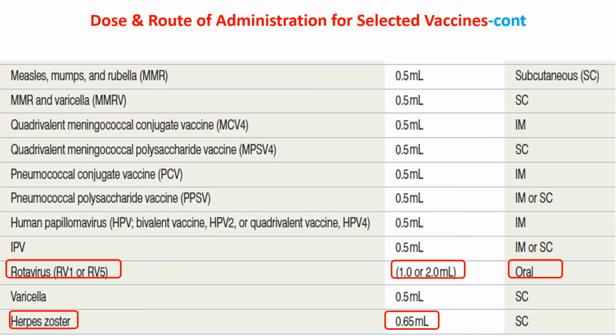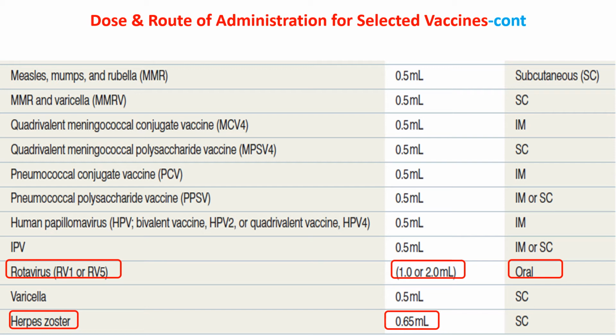But remember, there are different types of administration here, for example, subcutaneous, intramuscular, and so on. And there is a vaccine for rotavirus called RV1 or RV5.